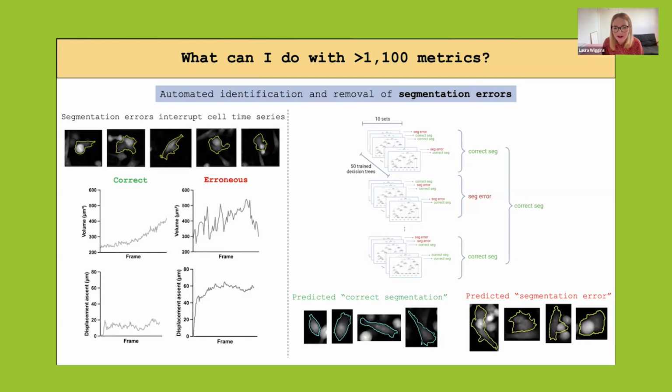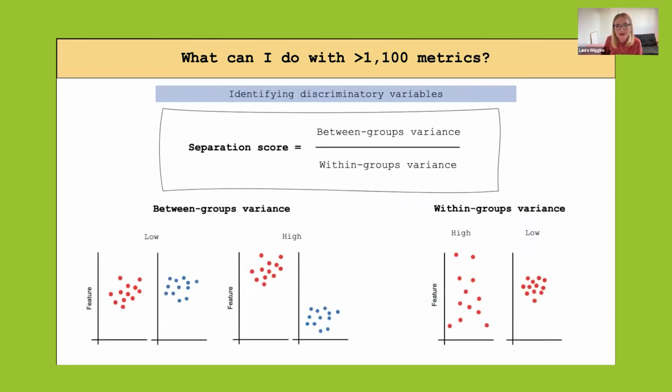As you can see, they are correctly segmented cells. The ones on the right are those that were predicted to be segmentation error, and they are instances where multiple cells have been segmented together. So that's just from our classifier learning the time series behavior of a segmentation error and comparing that with the correctly segmented time series. So what else can you do?